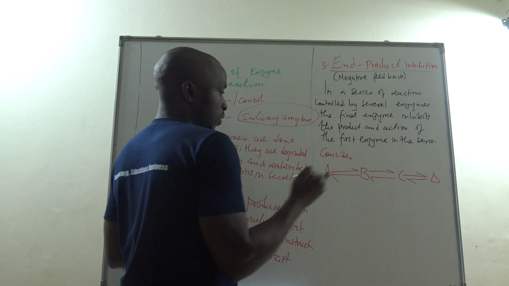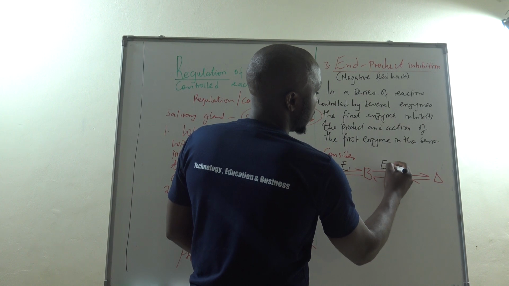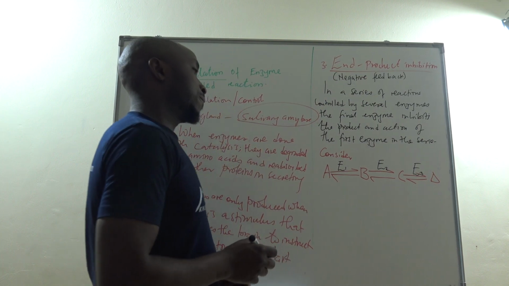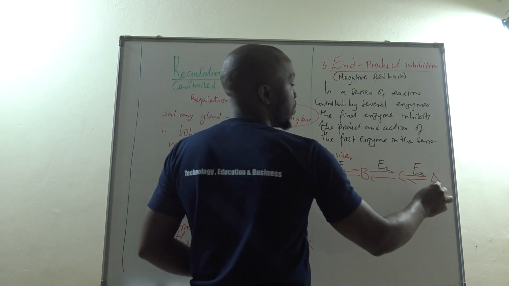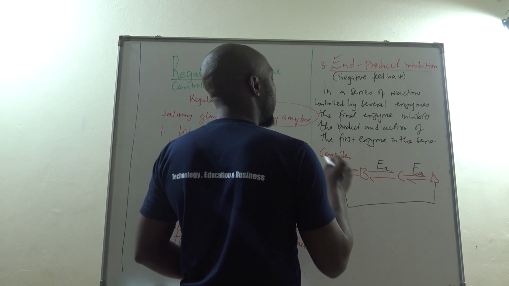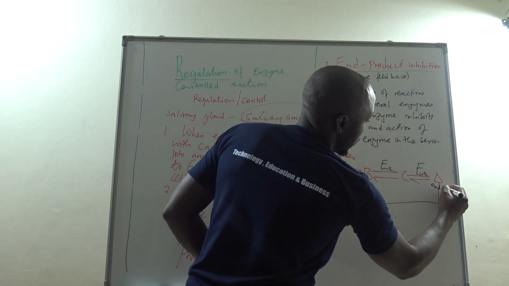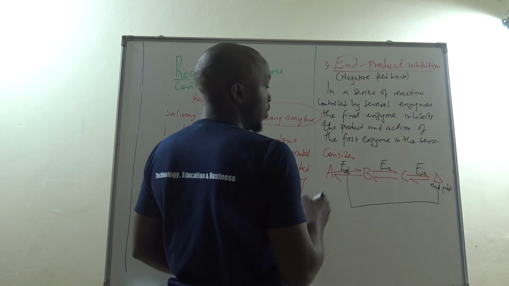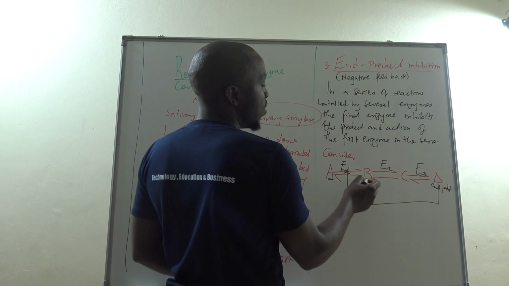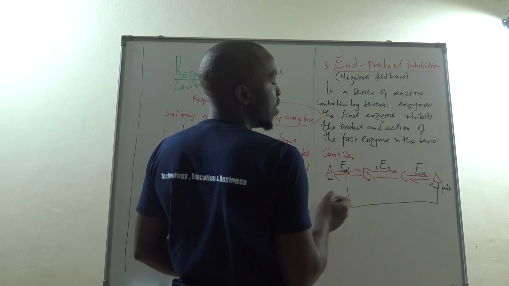When this desired product is formed, the enzyme E1 is inhibited. This is what we are calling end product inhibition. It inhibits the formation of enzyme E1 such that A can no longer be turned to B, and therefore production of E2 may not be possible.